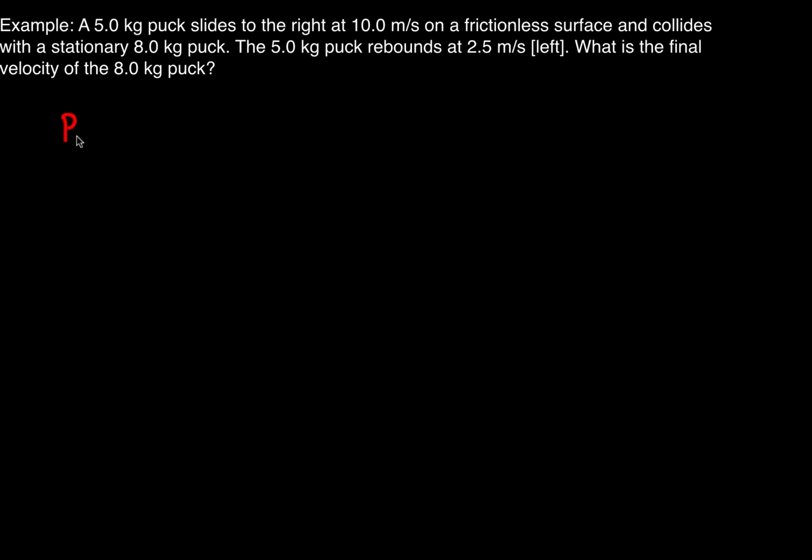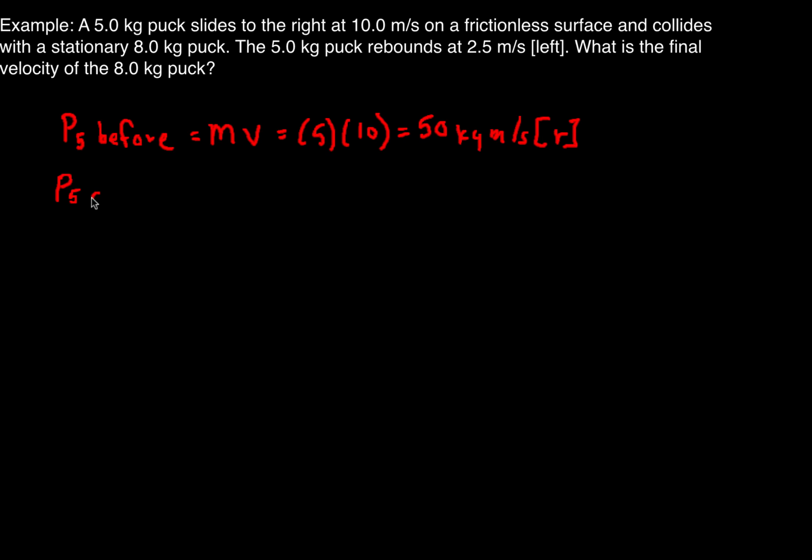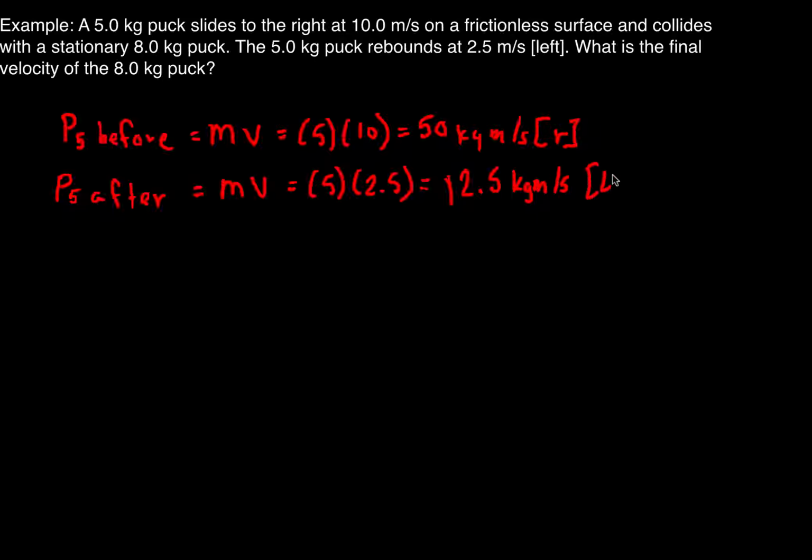So, the momentum of the 5 kilogram puck before is equal to mv before, which is 5 times 10 is 50 kilogram meters per second to the right. And the momentum of the 5 kilogram puck after is mv, which is 5 times 2.5 to the left, is 12.5 kilogram meters per second to the left.